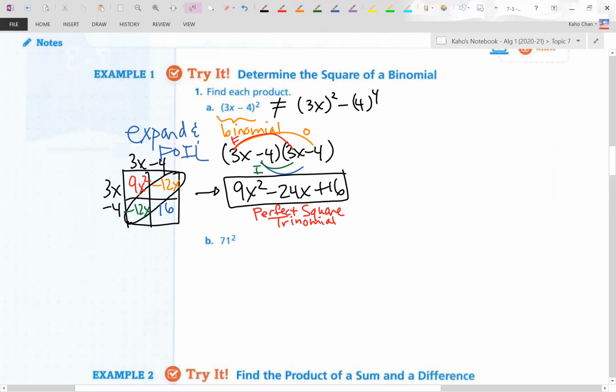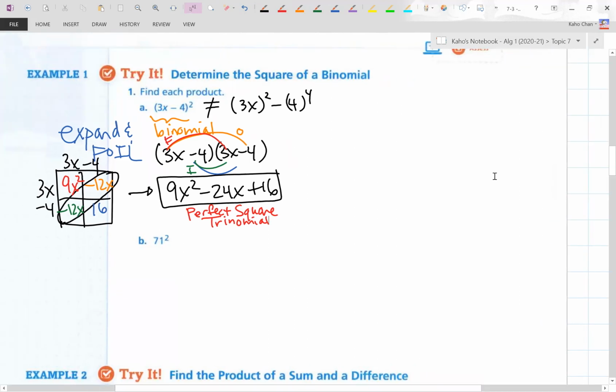The point is that there's a pattern with the answer that we just got. 9x squared is literally 3x times 3x. 16 is literally negative 4 squared. Okay, that's the front half and the back half. The middle is literally the individual terms, 3x times negative 4, doubled. So 2, which is the double, times 3 is 6, times negative 4 is negative 24.